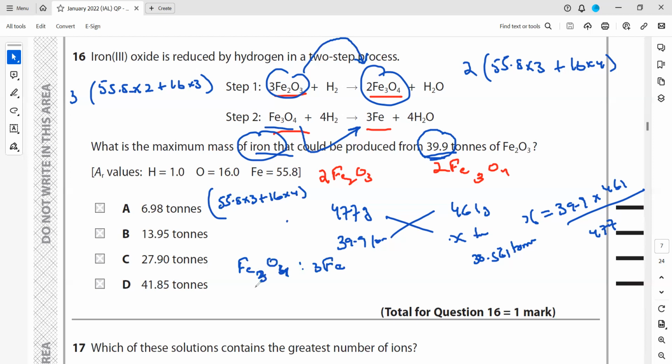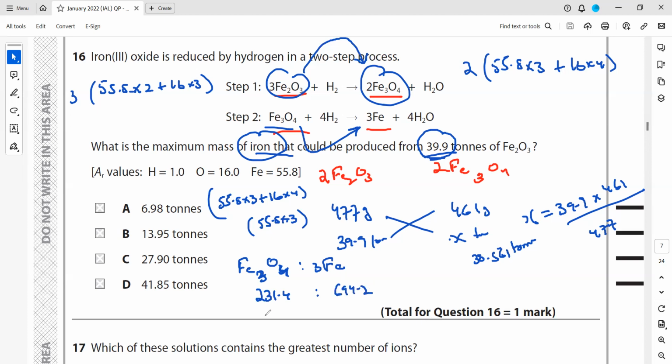What is the total mass of Fe3O4? 16 times 4 and 55.8, 231.4. So 231.4. And what is the mass of iron? Iron is 55.8, then multiply by 3. What is the total mass of iron? 694.2.